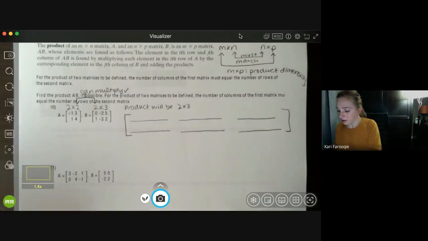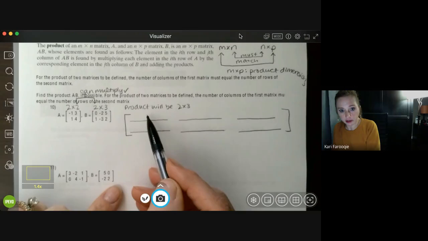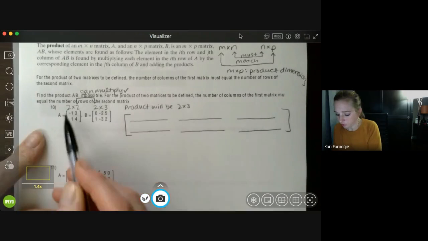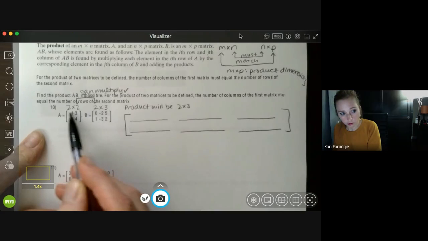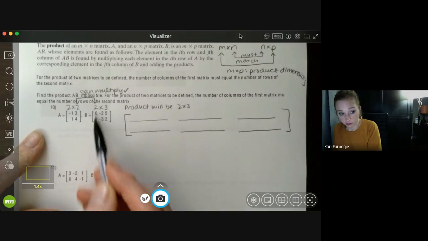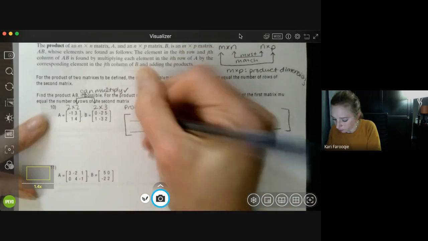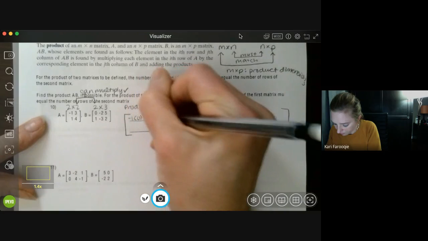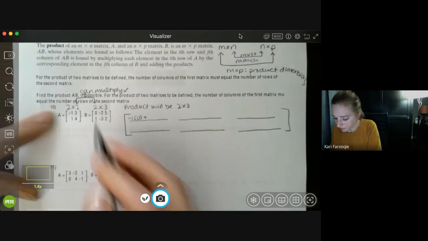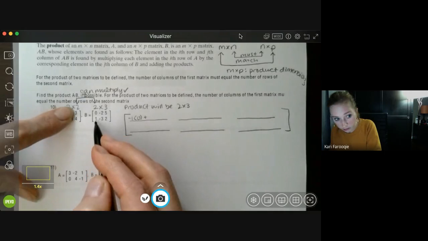Okay, so I'm looking for, first of all, the element in the first row, first column. So I'm going to start out with the first row and the first column. So -1 times 0, and you're always adding here, plus 3 times 1.